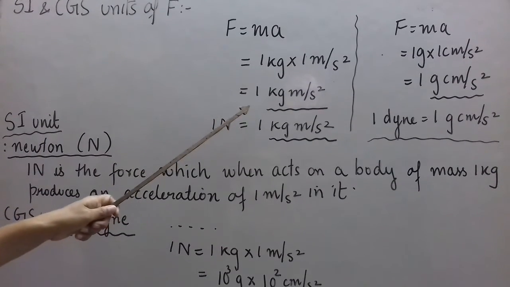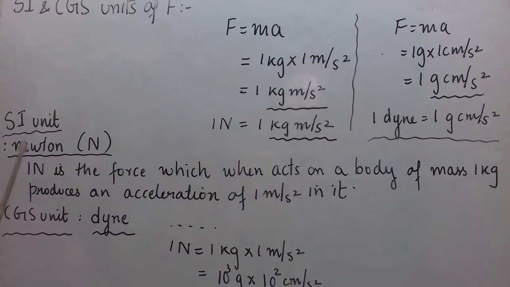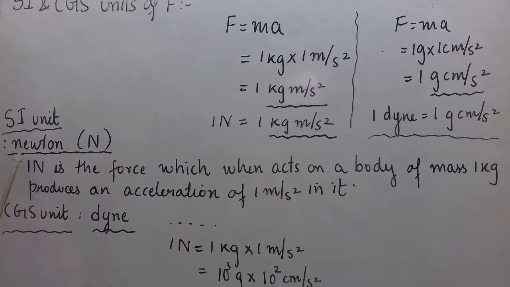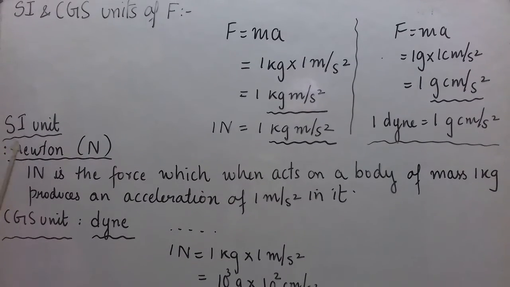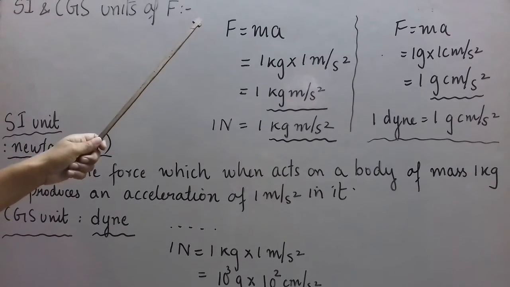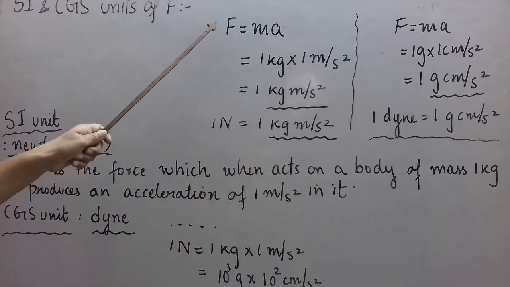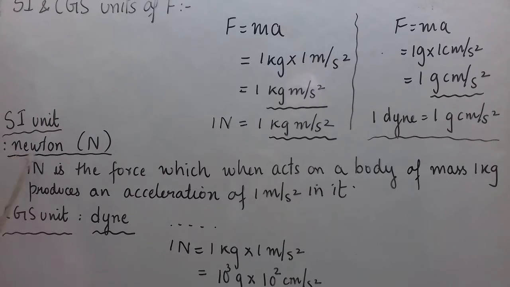But in the SI system, it is given a special name and it is called Newton, in honor of the scientist Newton, who has given the 3 laws of motion. Because this derivation is based on Newton's second law of motion only, the SI unit of force is named after Newton, and so we can write the SI unit of force as Newton.